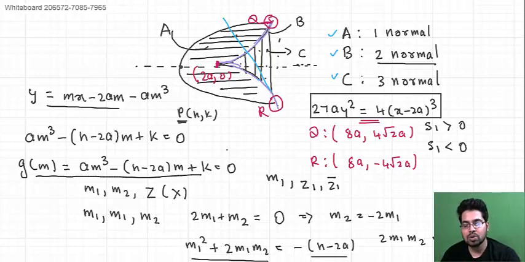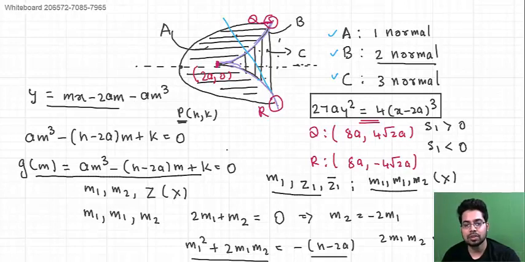We could have had the case where all the roots were coincident, but I am stating that we are going to have this case and not this case. Why?